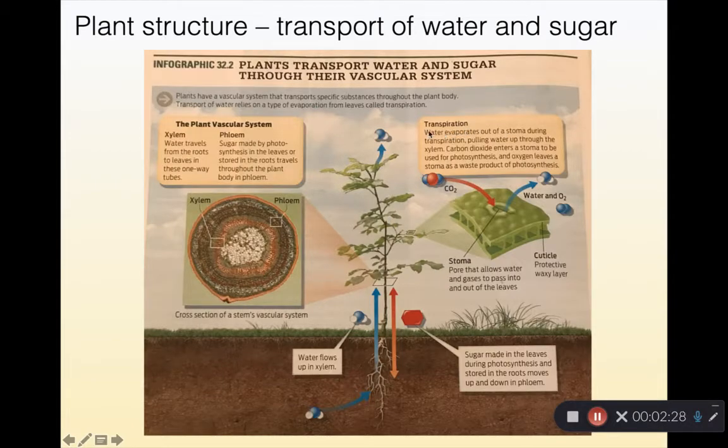We call this process in plants transpiration, where water is evaporating off the stoma and pulling water up the xylem. And then nutrients that are being created in the chloroplasts, creating sugars, travel down the phloem. So this is the complex vascular structure that is really important to the vast majority of plants.